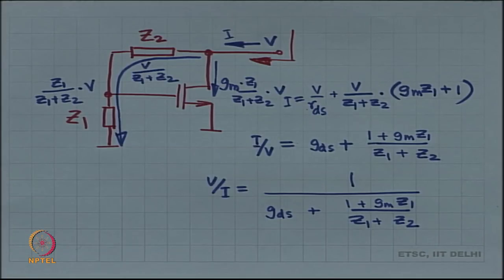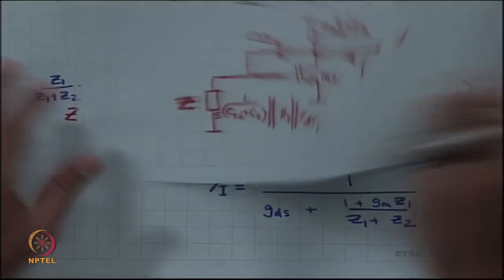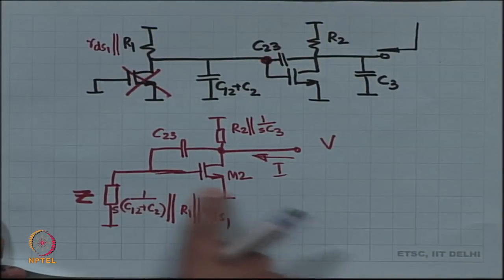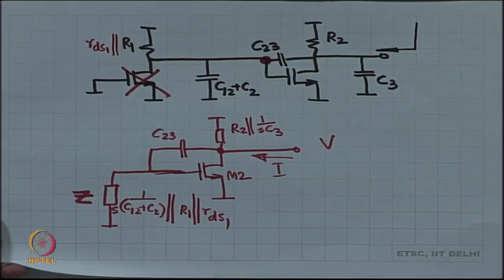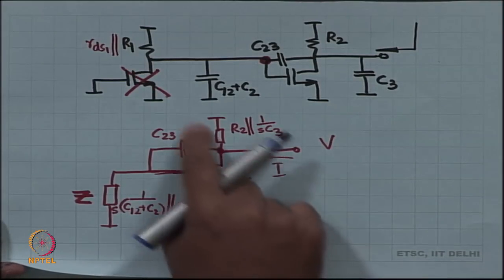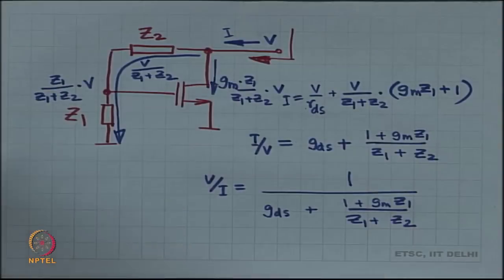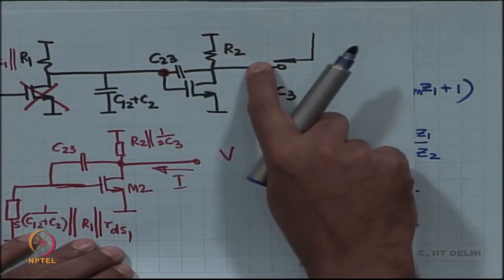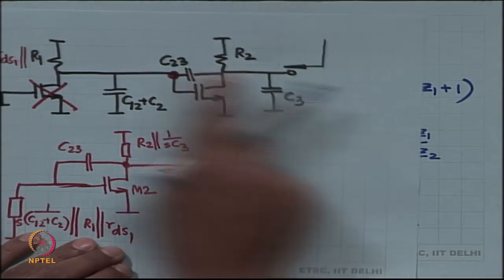Now, what is our situation? Our situation has Z1 as a combination of all of this, Z2 as C23. Let us leave out this GDS for now, it is just going to come in parallel later on. Okay. So, I will have R2, I will have C3, I will have RDS2 and then I will have the rest.